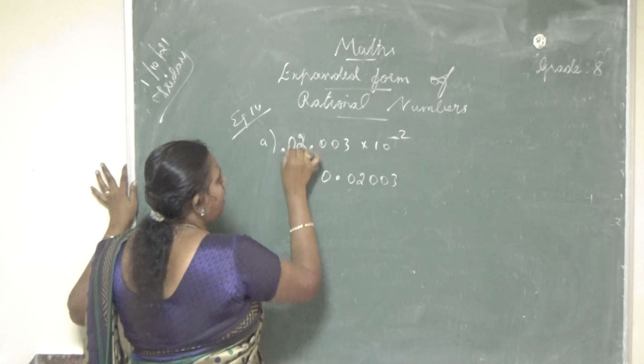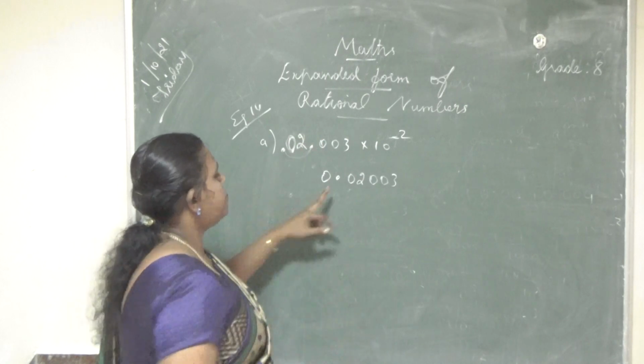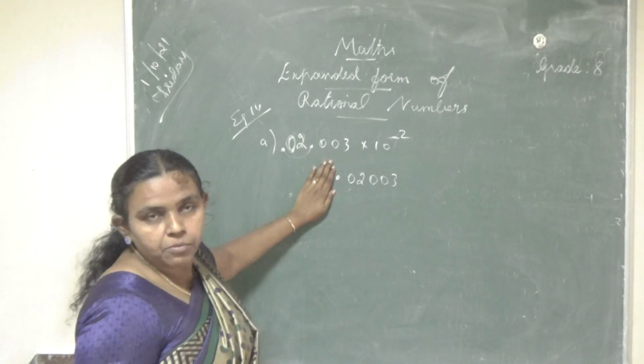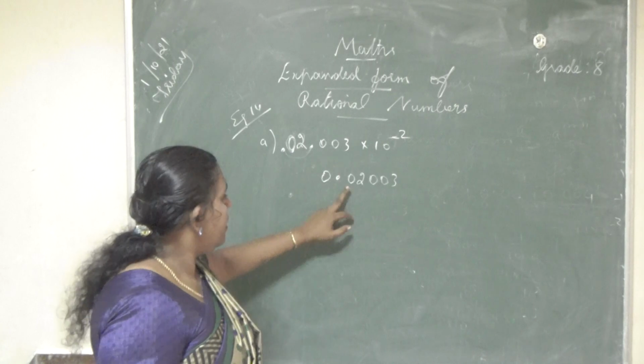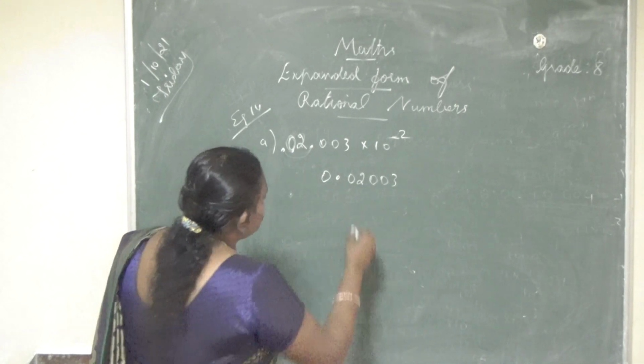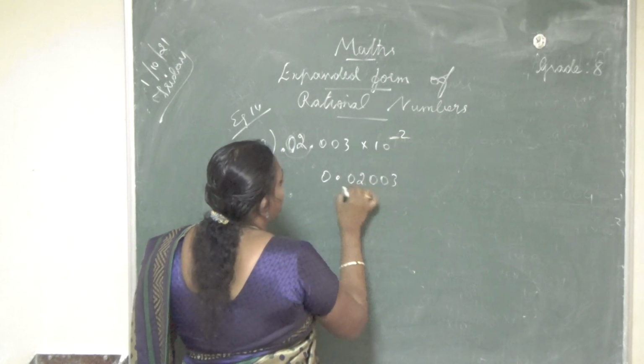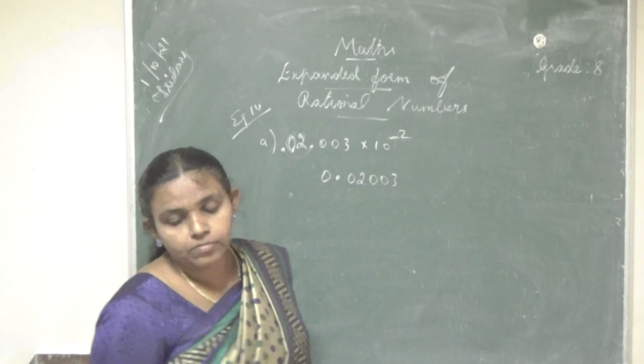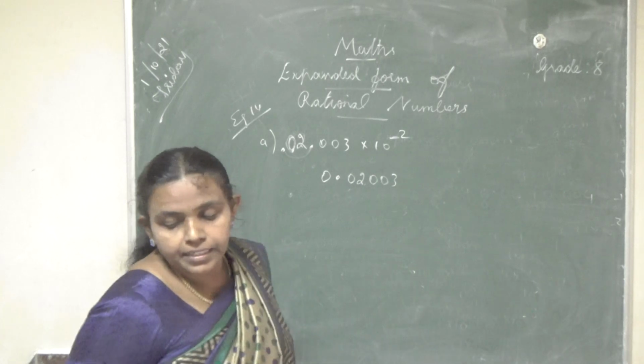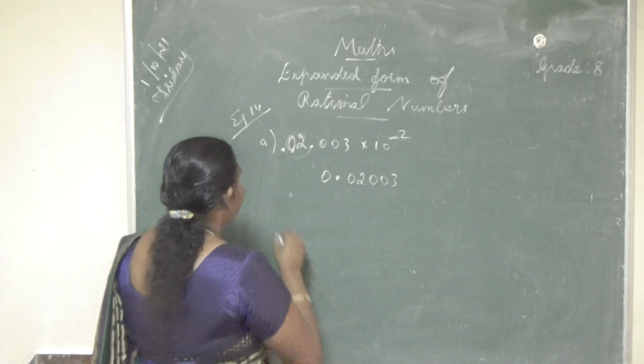So I added one 0. That is the point. You don't consider about this. Don't get confused. It was already here, so I changed it here. Minus 2, we have to do.